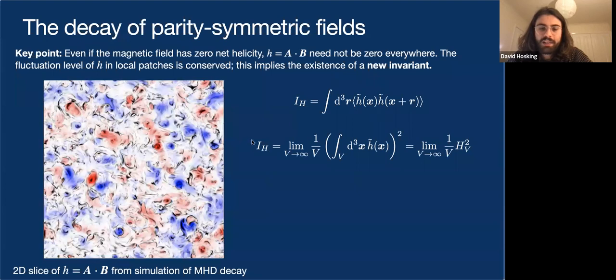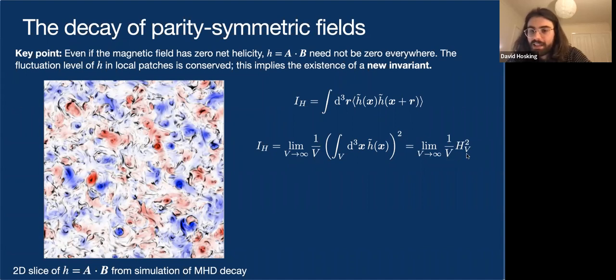Firstly, the immediate thing to note is that by treating the ensemble average as a volume average, one can write this integral in the following way. I_H becomes the limit as volume goes to infinity of 1 over volume times this integral here, which is actually just the square of the helicity contained within the volume V, divided by volume, and take the limit.